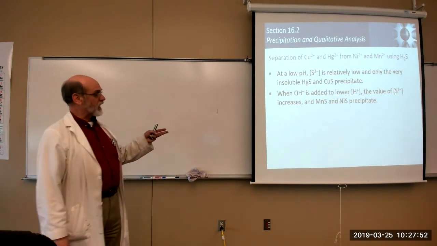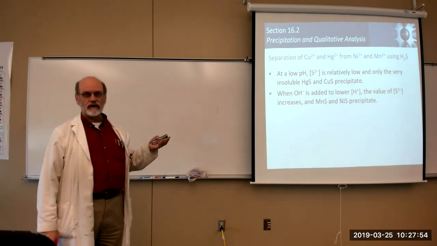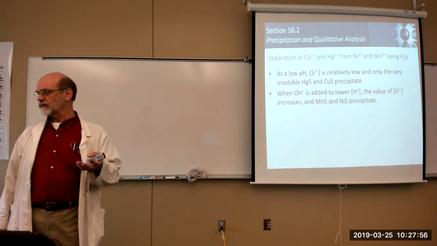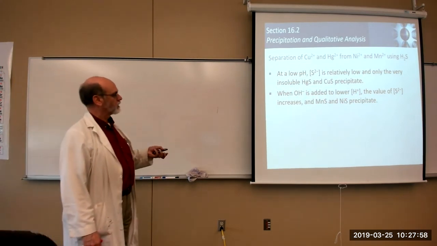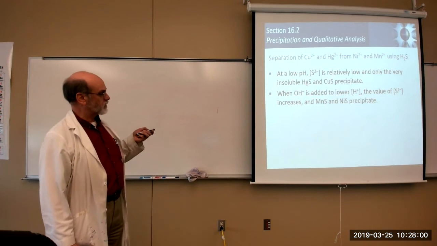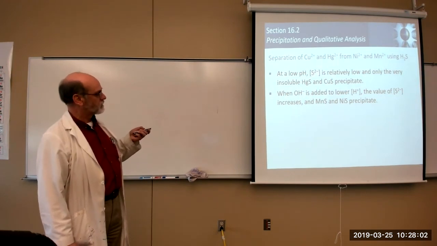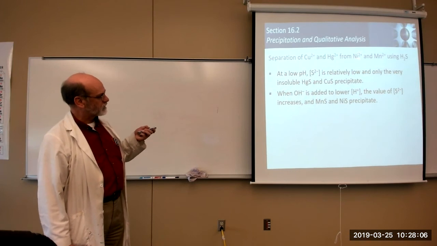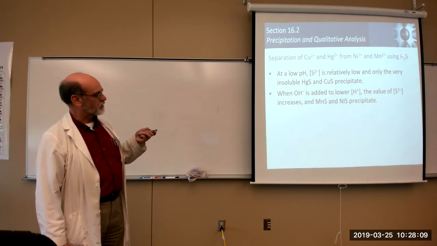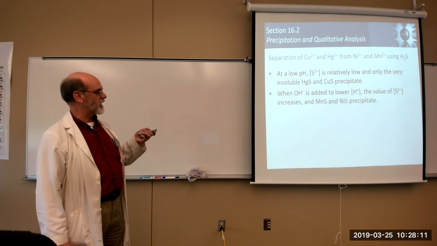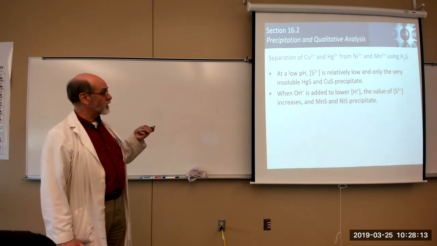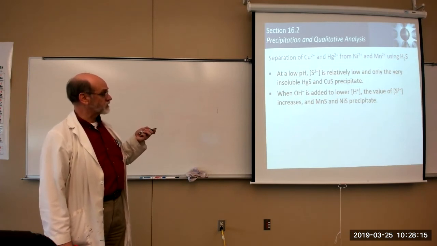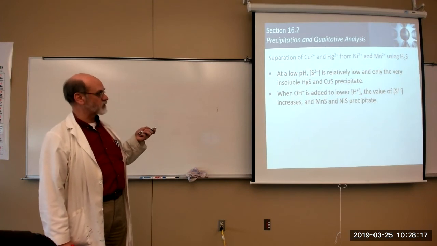So the previous slide had separation based on chloride solubility. This one is based on sulfide solubility. So if we want to separate these two from these using hydrogen sulfide, then at low pH, the concentration of sulfide is relatively low.